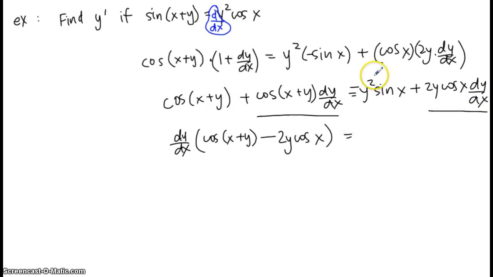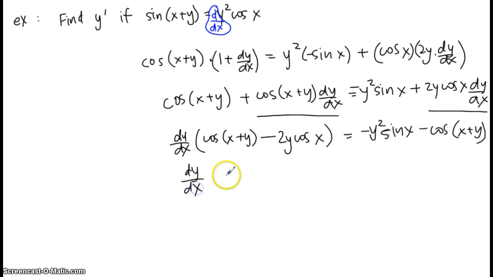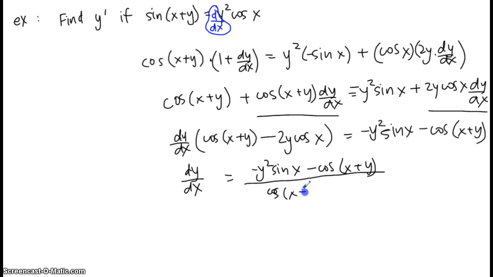In this case, I'm going to move everything over to the other side, so this term on the right stays negative. I'm going to subtract the cosine of x plus y. Once you get that, you get dy dx is equal to negative y squared sine x minus cosine of x plus y, all over cosine of x plus y minus 2y cosine x.